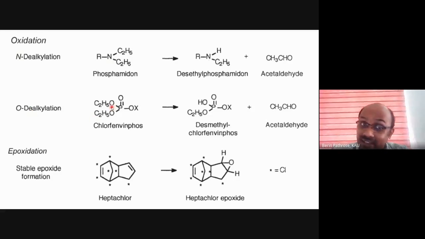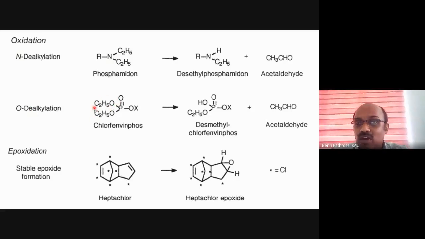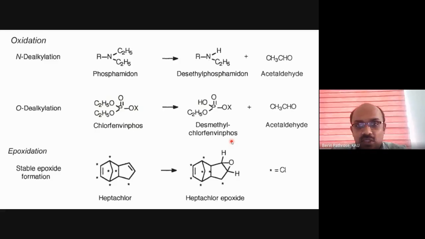O-dealkylation is the removal of an alkyl group from the oxygen atom. See, this C2H5 will be removed from the oxygen atom. Examples: phosphamidon to desethyl phosphamidon, chlorfenvinphos to desmethyl chlorfenvinphos.